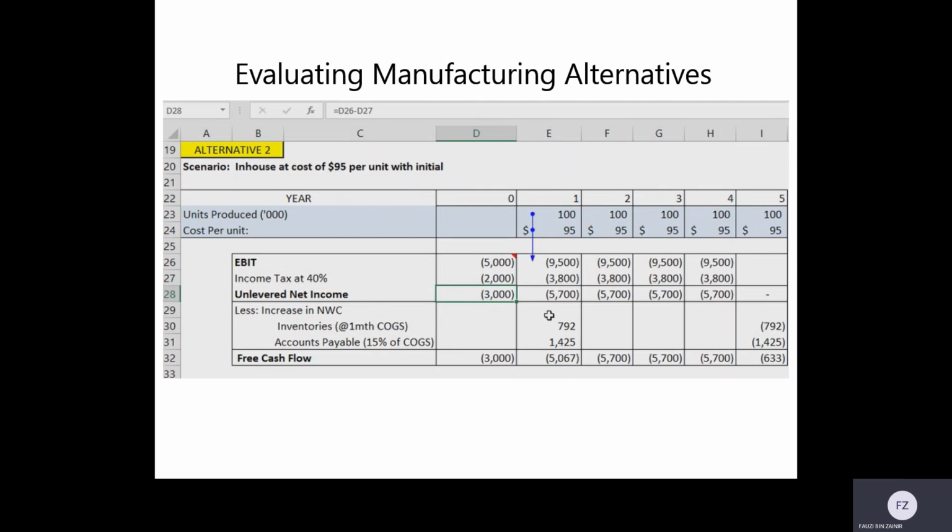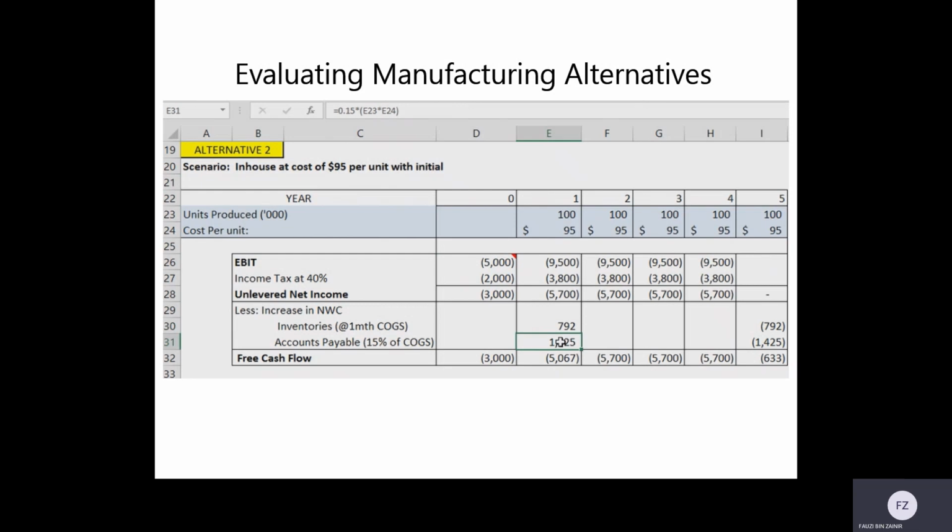As far as the working capital is concerned, the increase in net working capital is based on the cost of goods sold. So it's 1/12 of the cost of goods sold here, so it's 100 times 95 divided by 12.